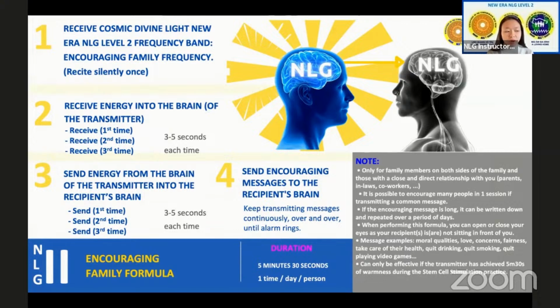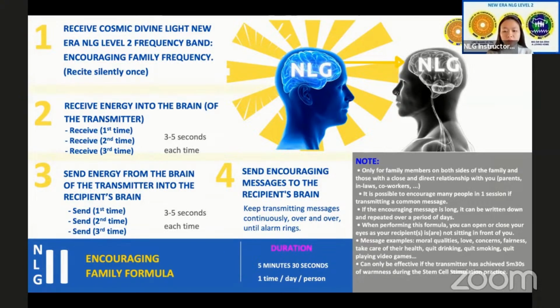So it depends on the situation, on the person, as well as on how well you can transmit this, because this formula requires you to have the frequency that we've talked about, the core elements of love and morality, as well as to be able to support yourself first in all of the formulas that we've talked about before you can actually send encouraging messages to the person.